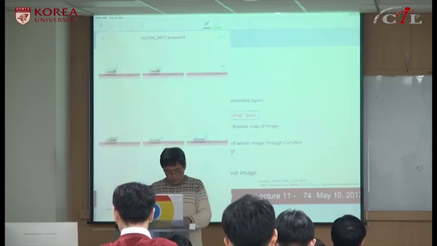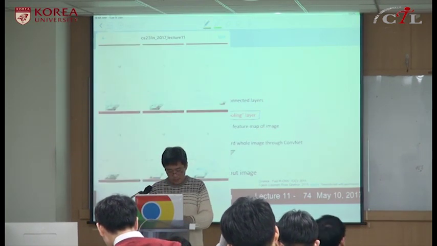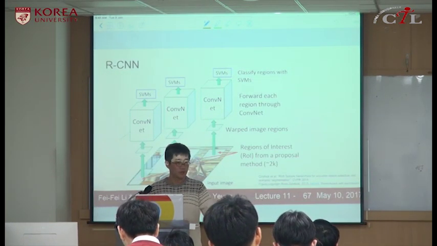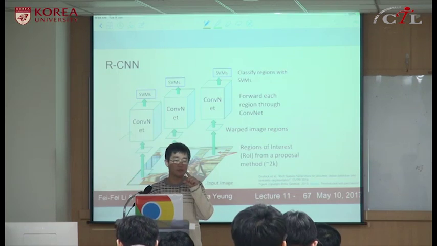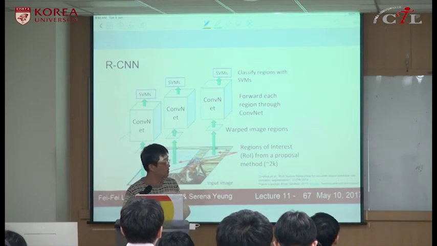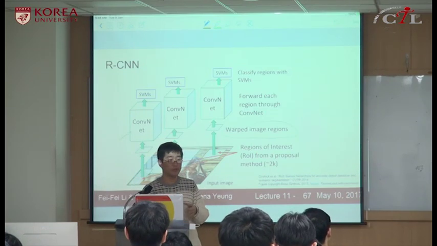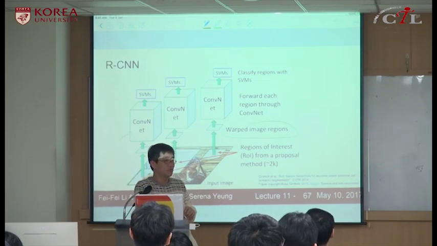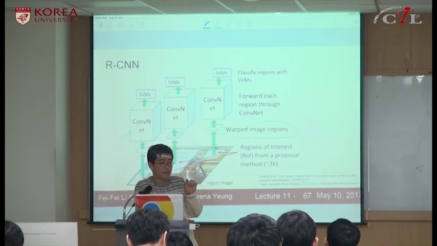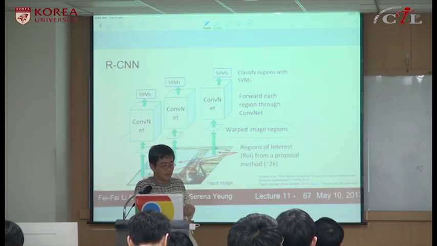In the case of the original R-CNN, each of these conv modules should take the same fixed-size input image. So that's why we have to perform this image warping or this ROI pooling, which means just resizing it into a fixed size. Okay, so that's the meaning of this ROI pooling.